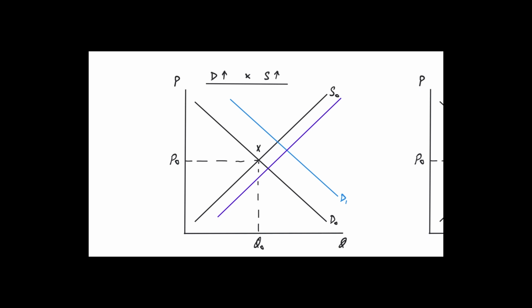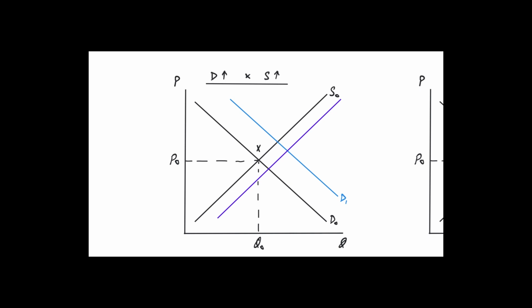What's happening is, as I'm moving to the right, the prices are going down and the quantity is increasing. The prices are going down, quantity is still increasing. The problem is, over here, the price is still above the equilibrium, but the supply has a very small shift.